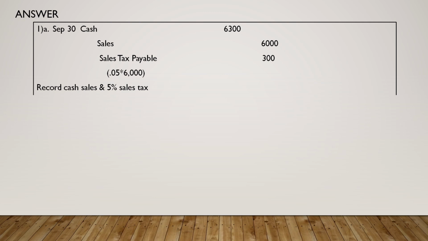As we have agreed, anything that is payable is considered a liability. So credit sales tax payable, considered a current liability, with 300. From where did I get this 300? I just multiply the 5% the government determined for me times the 6,000 sales. It gives me 300. So debit cash with 6,300. The cash that I received is 6,300.